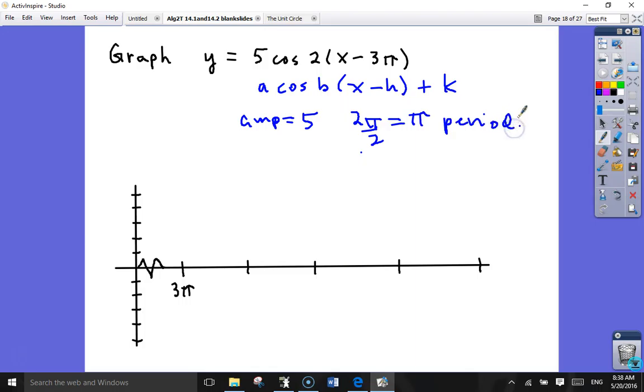And then what kind of a shift is x minus 3 pi? Minus 3 pi inside the function should mean right or left? It's to the right. Minus inside the function, minus means right. So that's a right 3 pi over 2.